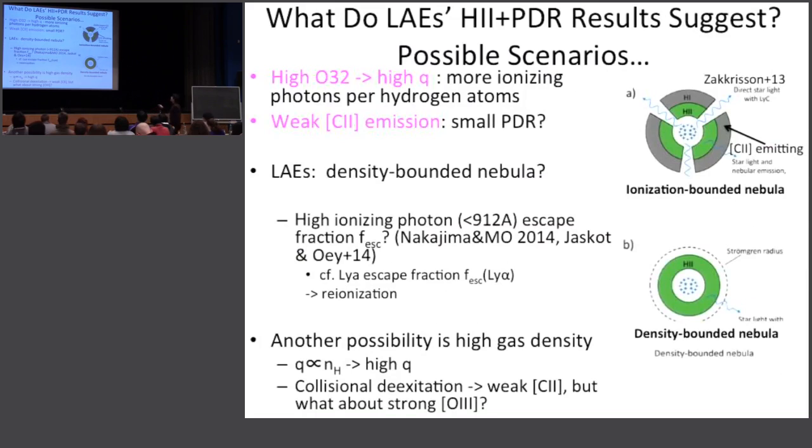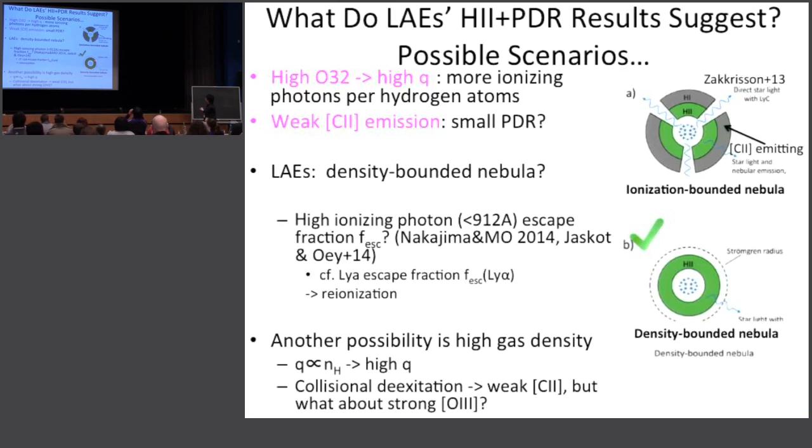So now we have two pieces of evidence. One is the very high O3 for Lyman-alpha emitters, meaning a high ionization parameter, so more ionizing photons per hydrogen atom. And also from ALMA observations, we see weak carbon-2 emission, maybe a small photodissociation region. There are many possibilities, but one possibility is maybe a density bounded nebula.